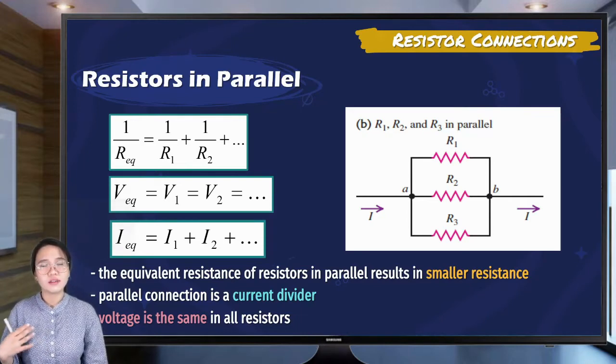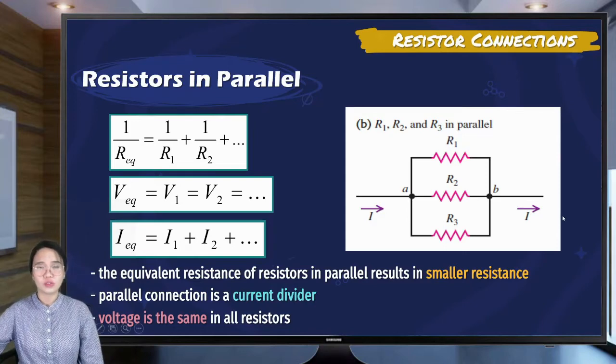What is divided there is the voltage and not the current. The equal one in series connection is the current, and in parallel, the voltage is the one that is equal for every resistor. Okay, so these important points are very useful in evaluating your final answer as well as in solving the problems related to resistor connections.